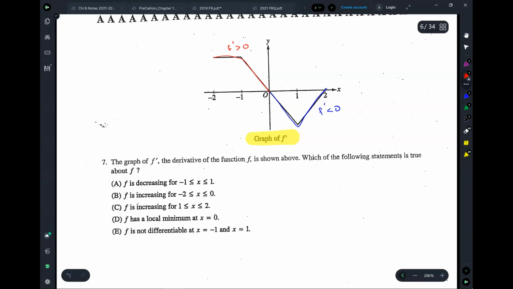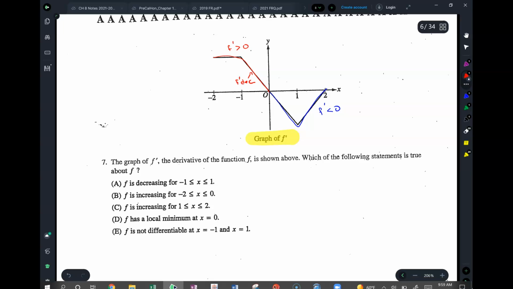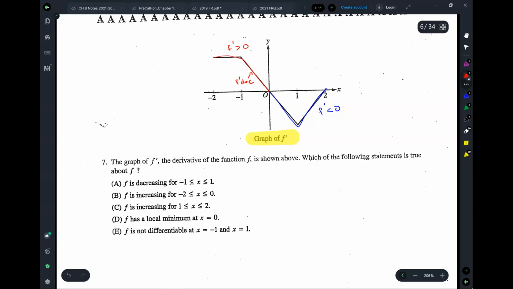I know that here, f prime is decreasing. What does that tell me about f double prime? Right, f double prime is negative, so f is concave down. Do you see the difference? It's increasing and concave down from here to here.